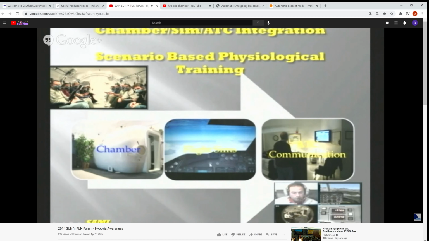And what we do is we fly in the chamber true altitude with the sim with air traffic communications. I'm going to show you some really interesting videos today of some of our, shall I say, more dramatic demonstrations of hypoxia. The good news is we can record the pilot's flight video. So here's the pilot flying. He knows his true altitude. He sees his performance, and we can actually see a global view of the chamber.